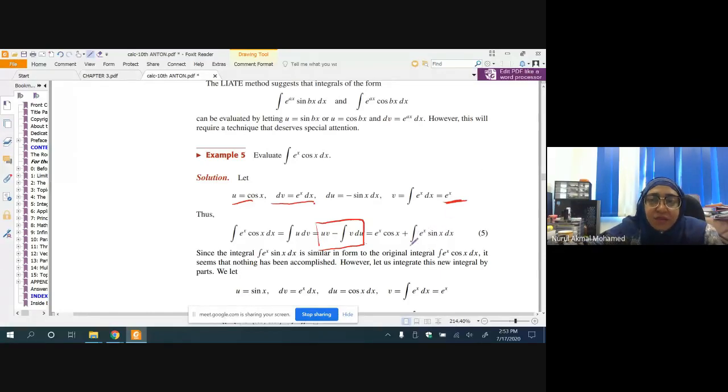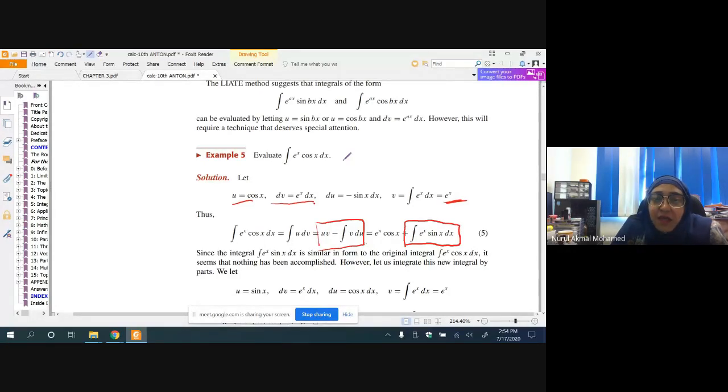If you look at the new integral here, it is not reduced to a simpler looking integral. It doesn't even remove the trigonometric function.